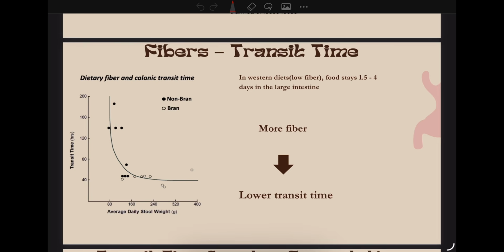Does that make sense? So when you eat more fibers, you have lower transit time, meaning the large intestines will try to excrete faster. This is why when someone eats a lot of fibers, they will have better health of their large intestine, because the food is moving faster.